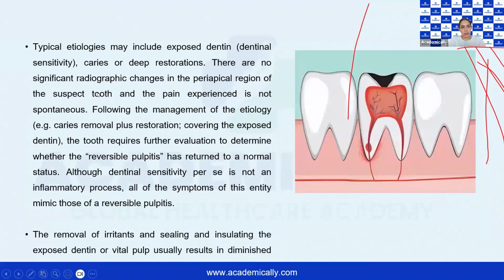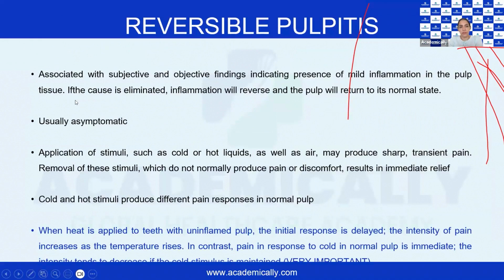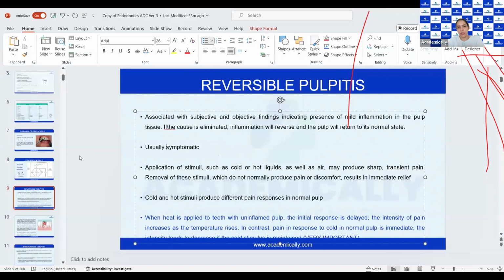If the cause is eliminated, inflammation will reverse and the pulp will return to its normal state. It is not asymptomatic, it is symptomatic, very much symptomatic.